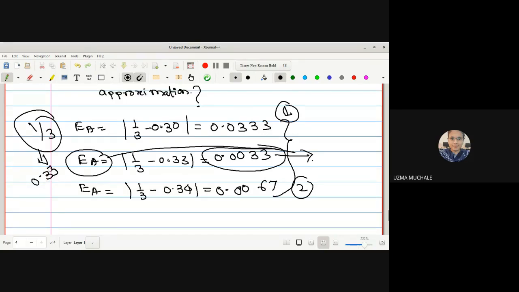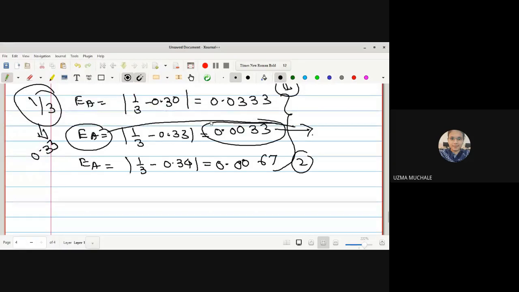0.33. Or in another way, in this example it is easy, as we are having some different values in the absolute error.